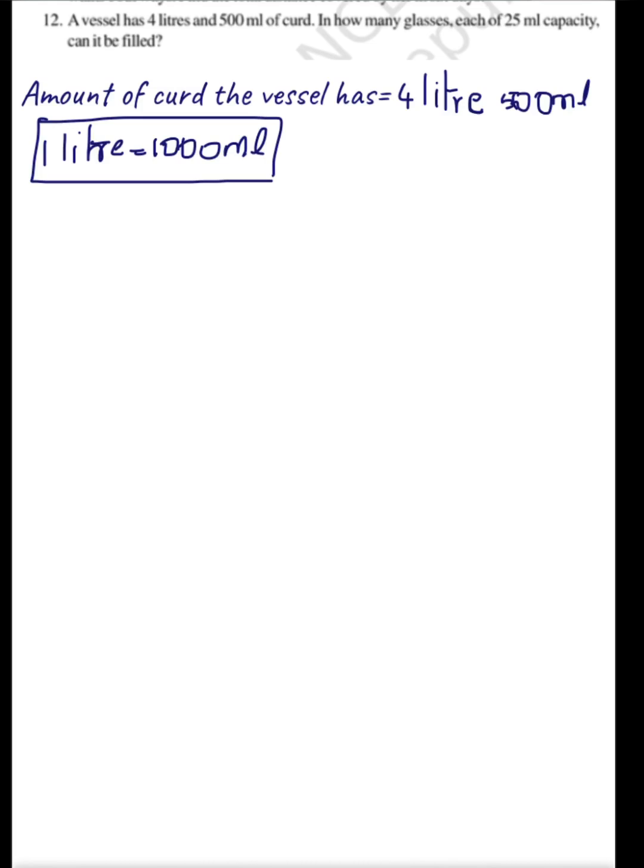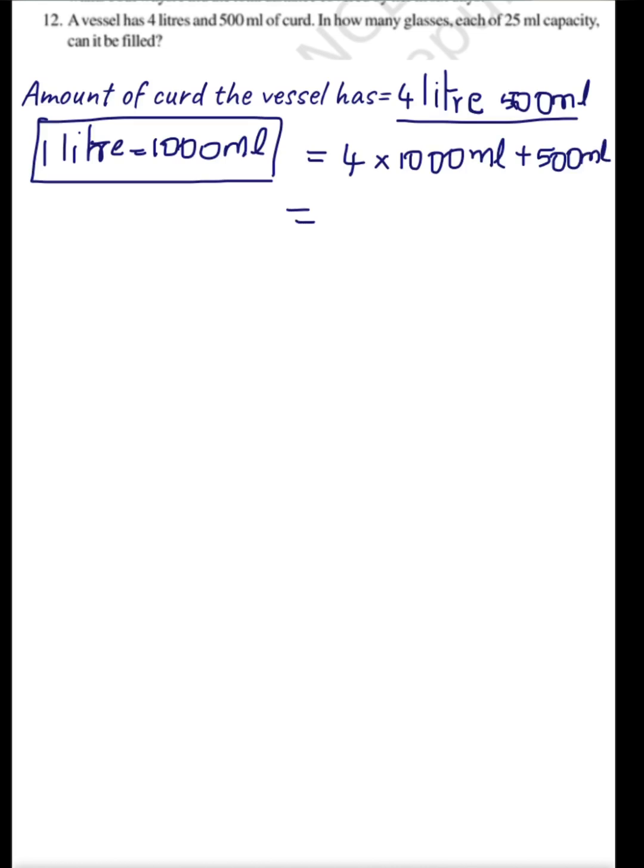You should be thorough with this fact, the relation between liter and ml. Okay, so here you need to convert this 4 liter 500 ml to milliliter, or ml, for easy calculation. So in order to convert this 4 liter to ml, you need to multiply this 4 with 1000 so that it will get converted to milliliter. Plus already here 500 ml is there, so let's write it.